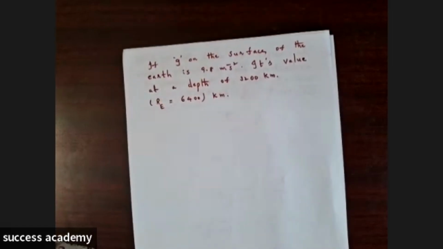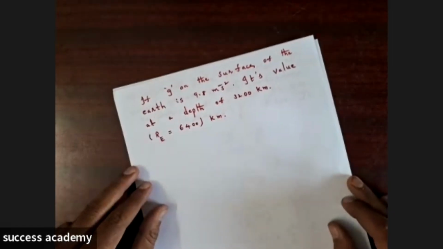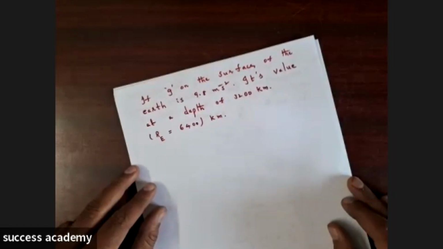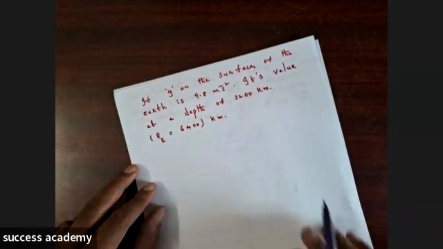Another problem. If g on the surface of the earth is 9.8 meter per second square, what is its value at a depth of 3200 kilometer? The question is to calculate the acceleration due to gravity at 3200 kilometer depth.